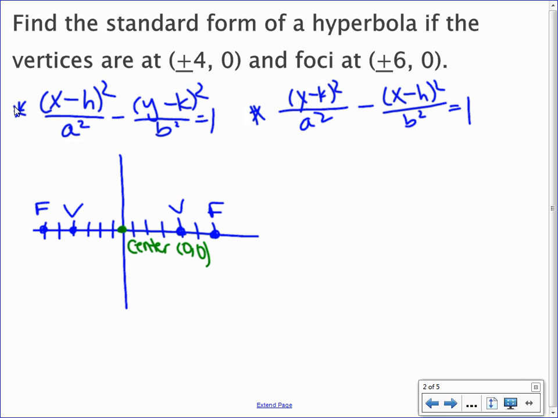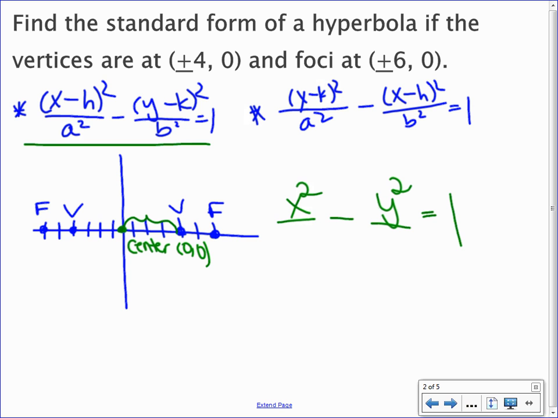Are we horizontal or vertical? We are horizontal. So I'm going to write x minus 0 squared minus y minus 0 squared equals 1. Now we just need our a squared and b squared. How far are our vertices from the center?